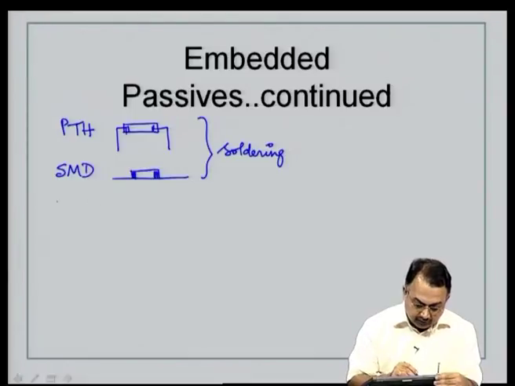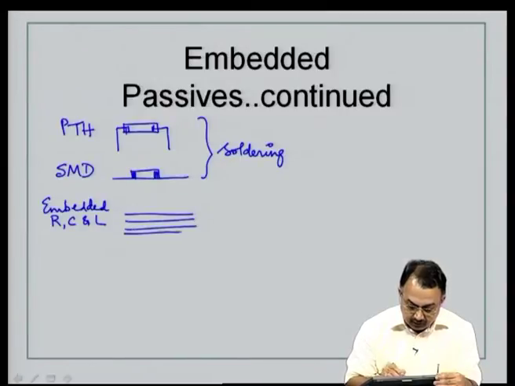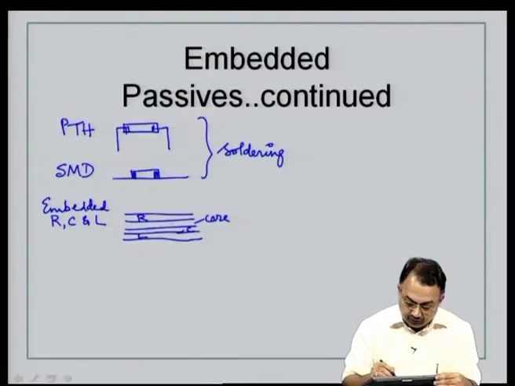Now, we are talking about embedded components, that is R, C and L, which means if you have a system level printed wiring board and then if you have a core of the printed wiring board designated, you can embed R into one of the layers, and C and L respectively, and connect them to the copper interconnects through microvias.